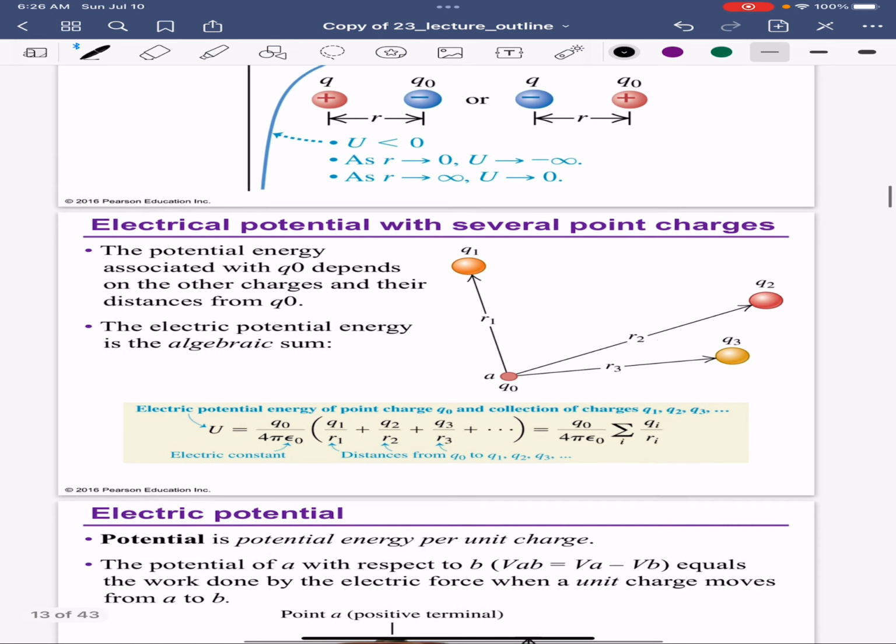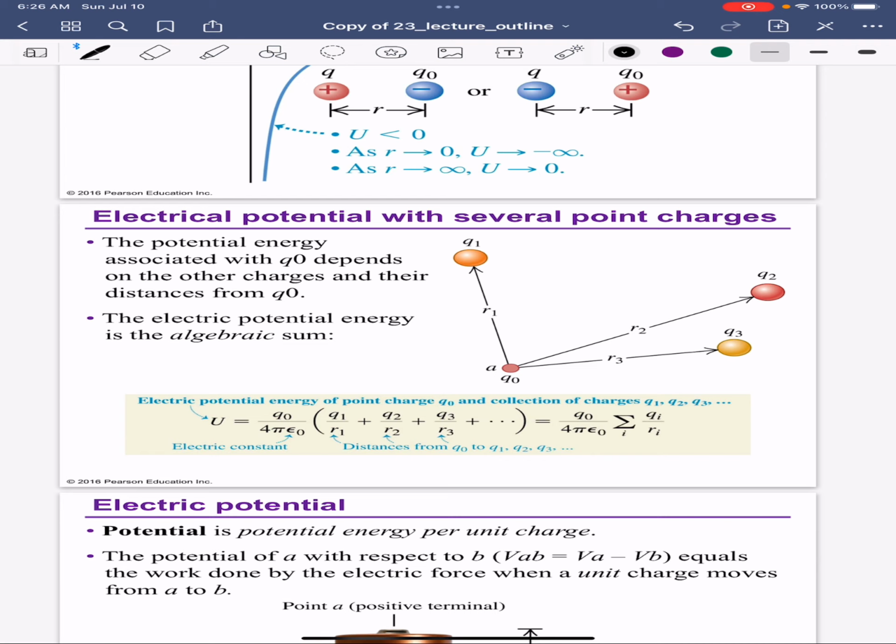Now, what is really good about the electric potential is that it is a scalar quantity. Therefore, if you wish to calculate the total electric potential for a distribution of charges, all you need to do is add, like in mathematics. If I have charges Q1, Q2, Q3, the potential energy associated with Q0 depends on the other charges and their distances from Q0.